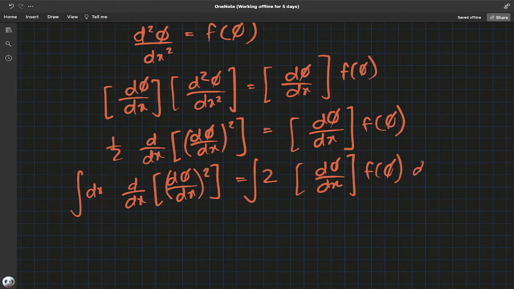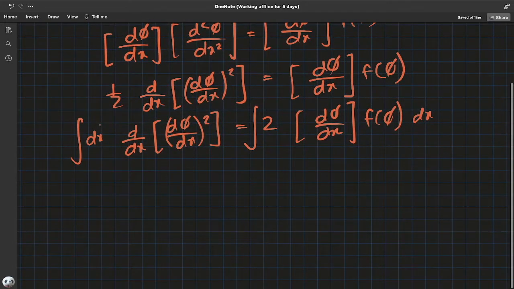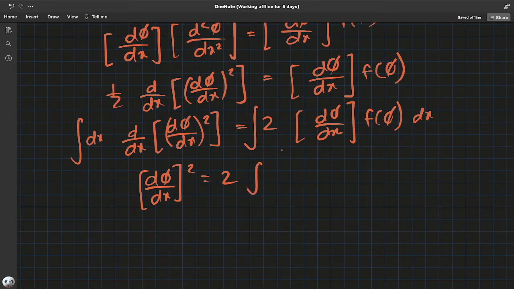Same thing here. Now notice that the antiderivative of this derivative is just this guy, fundamental theorem of calculus. And you can think of this dx and this dx sort of cancelling out.